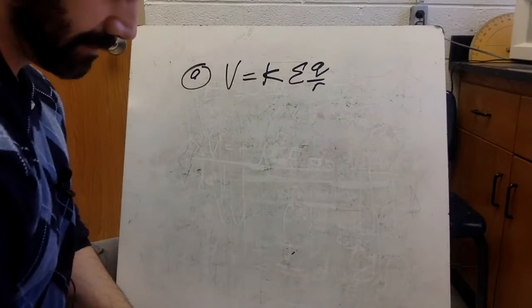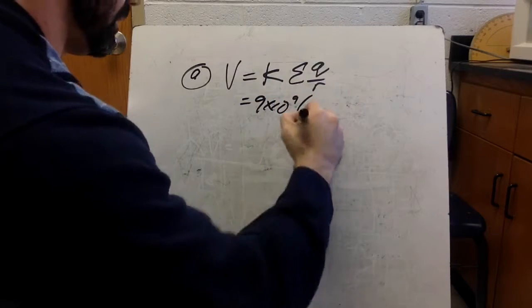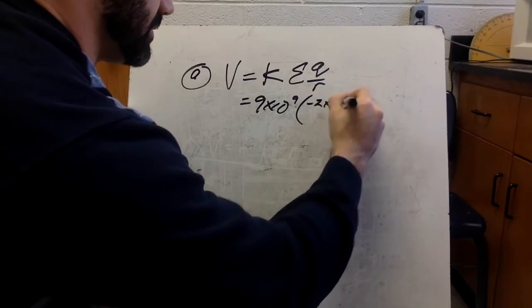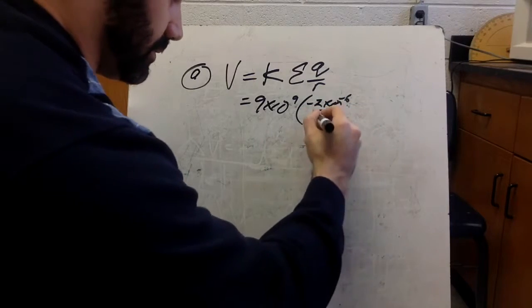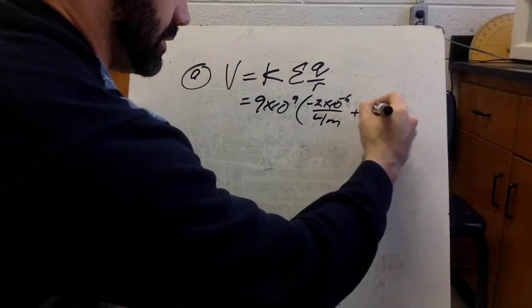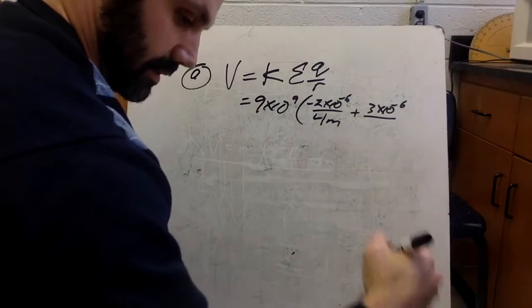I'm just adding up these things. So this is 9 times 10 to the 9th, times negative 2 times 10 to the negative 6 coulombs over 4 meters, plus 3 times 10 to the negative 6th over 3 meters.